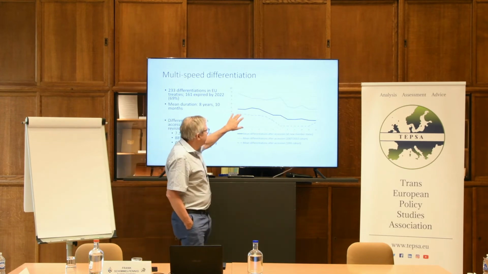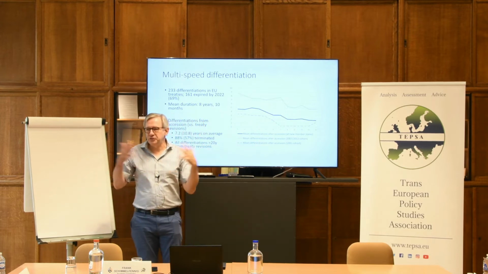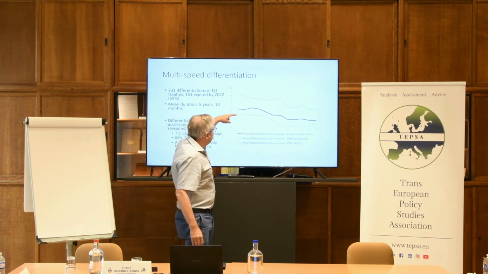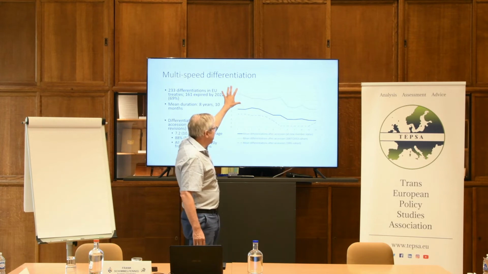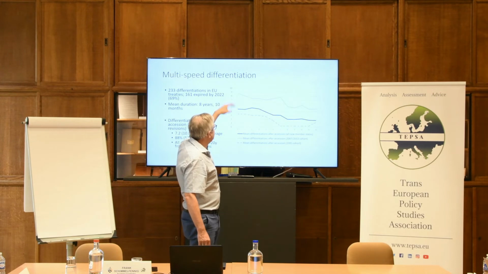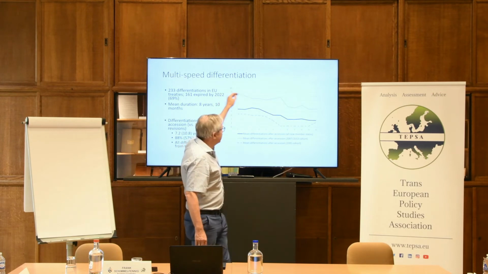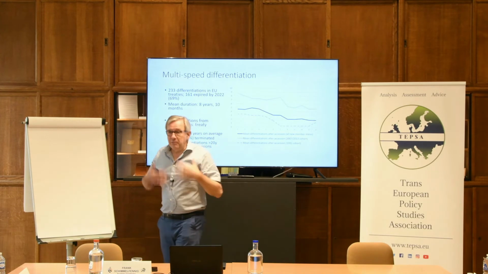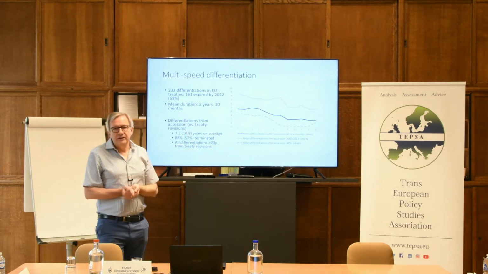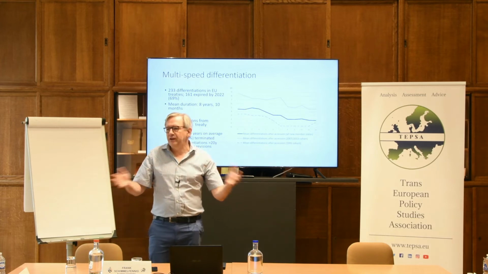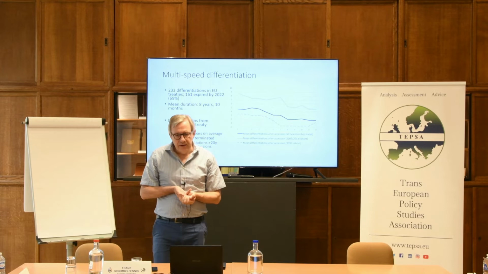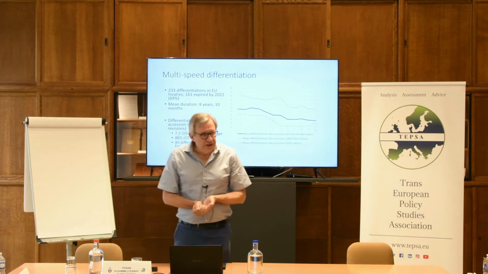So if you take the 1995 cohort, rich northern member states, they started at a lower level than the average, and also moved down rather quickly, whereas the 2007 to 2013 cohort has started at a much higher level of differentiations and has also remained at a rather high level so far. Okay, so we clearly see this multi-speed logic in these accession-based differentiations.